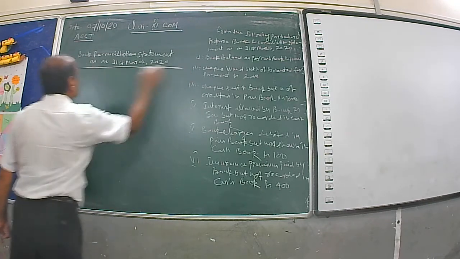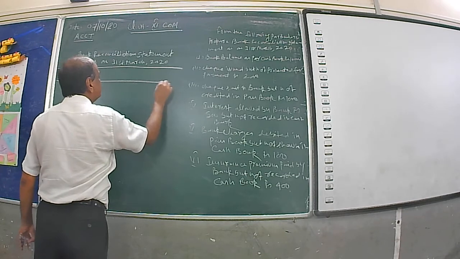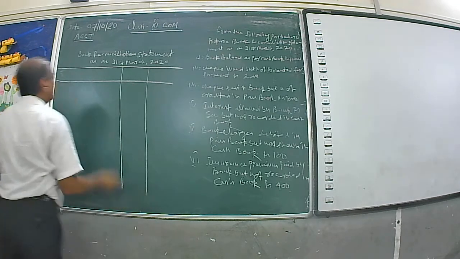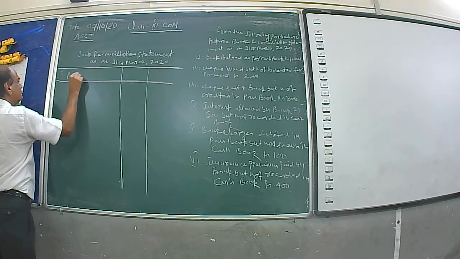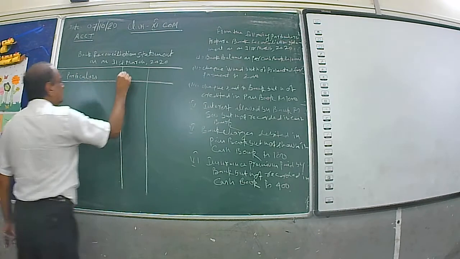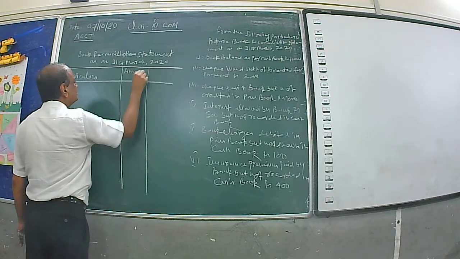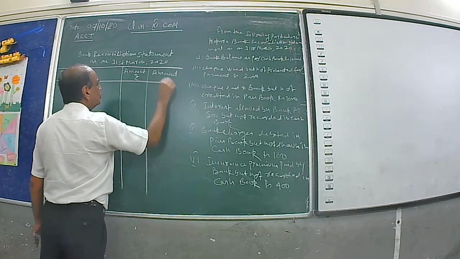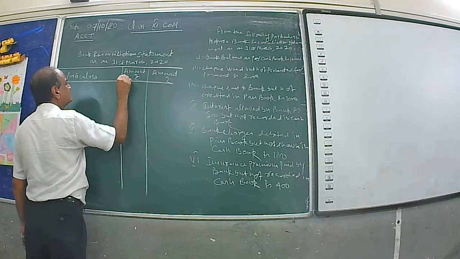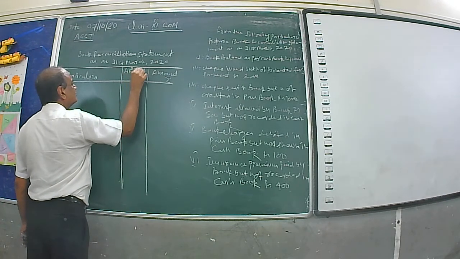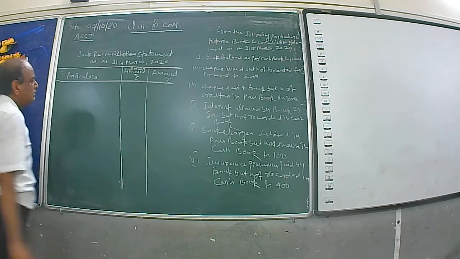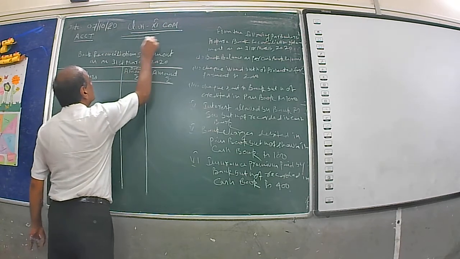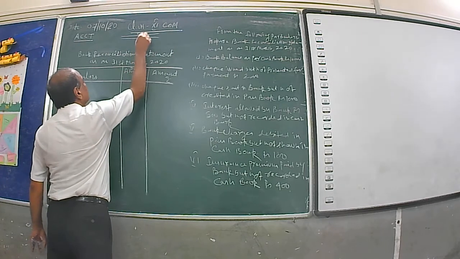See, the format is very easy. Particulars, amount, rupees. Here you can write details. Amount.